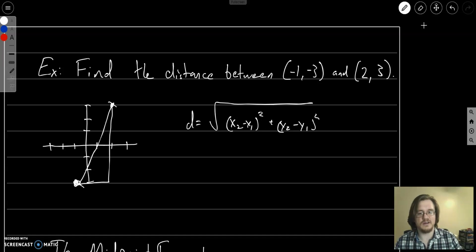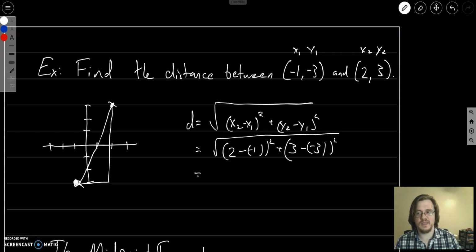So if I call this point x1, y1, and I call this point x2, y2, we have the following. This is going to be 2 minus a -1 squared plus 3 minus a -3 squared, and we're taking the square root of the whole thing.